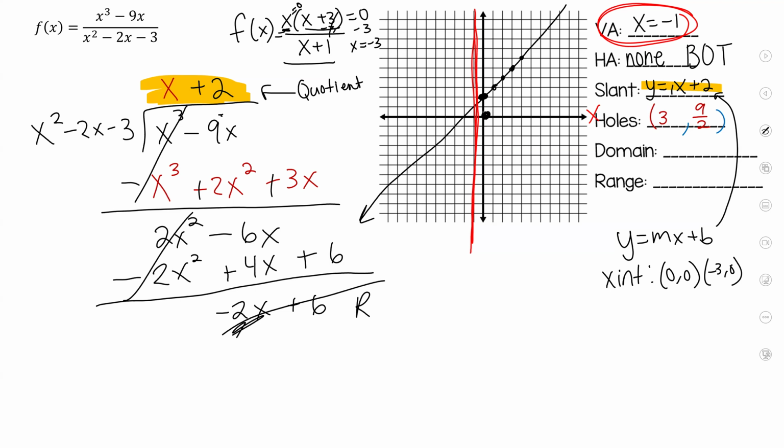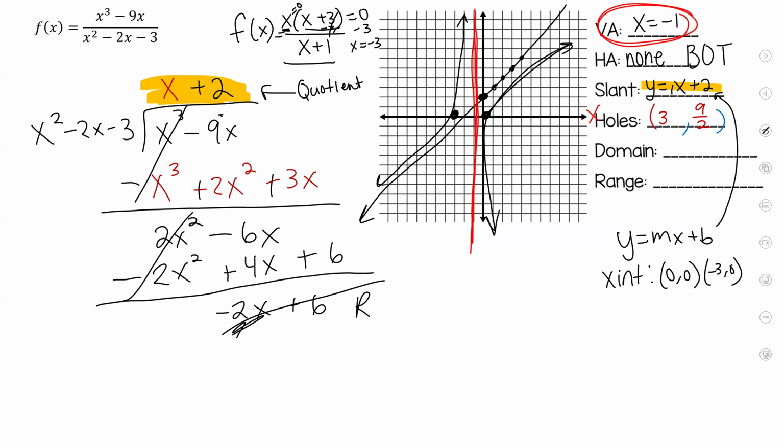And this one is (-3, 0). Okay, so I know that my graph will look like this, going along the asymptote, but not touching it, and going through those x-intercepts. That's my slant asymptote.